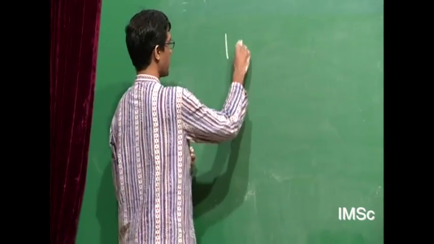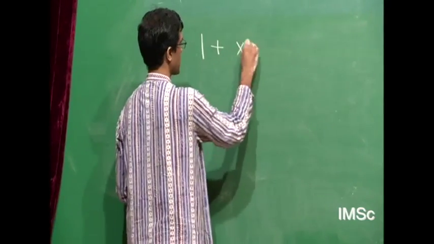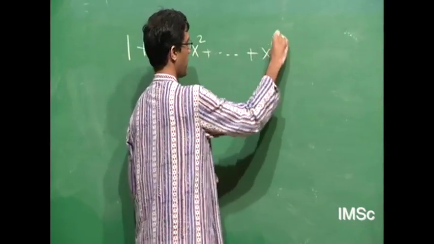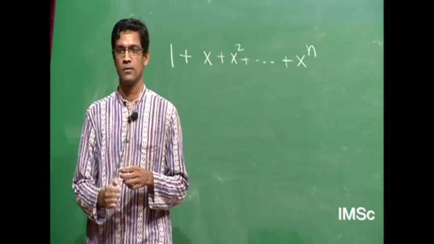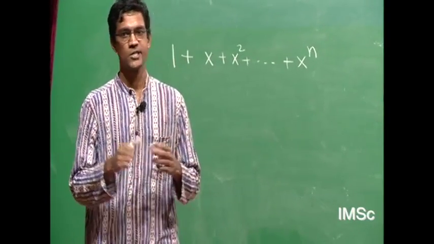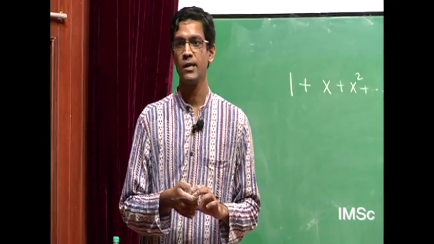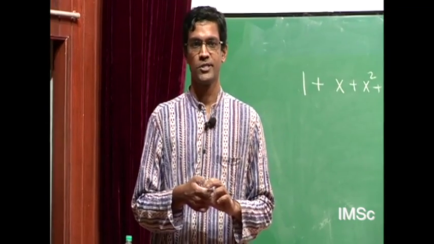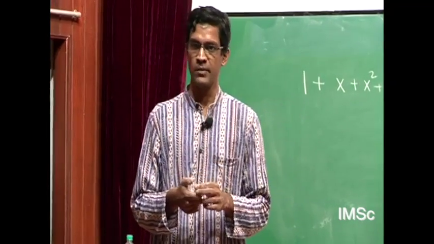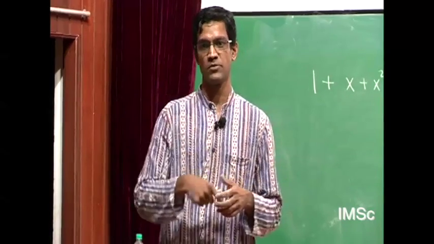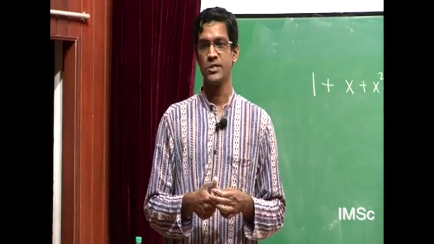If I take 1 plus x plus x square till x power n, is this something that you have seen before? What is this called? It's that the terms are in a geometric progression, right? And there is a way of summing up the terms of a geometric progression. What's the answer?